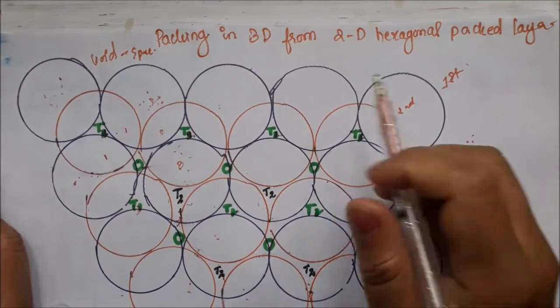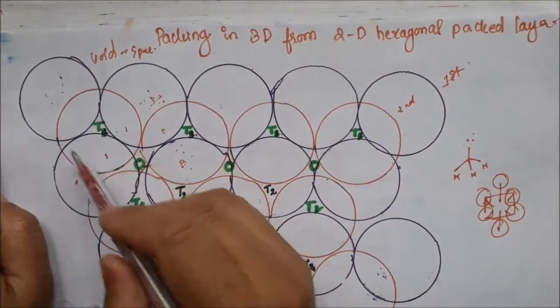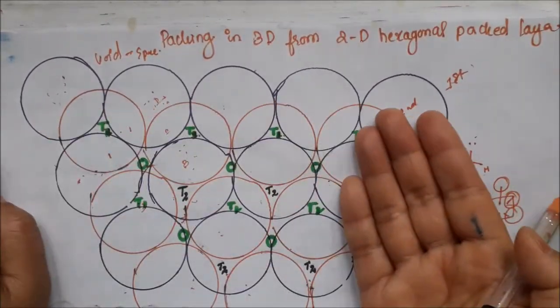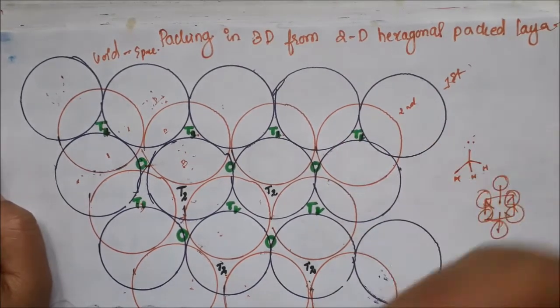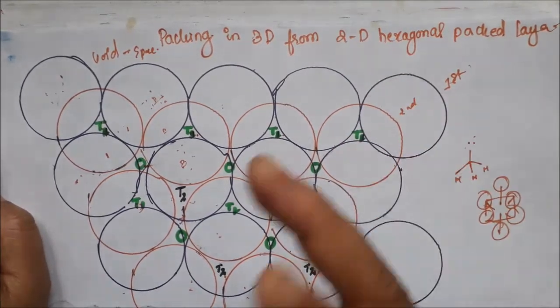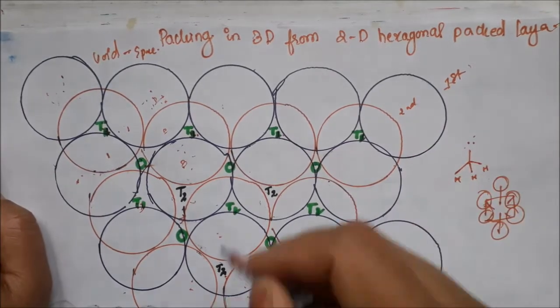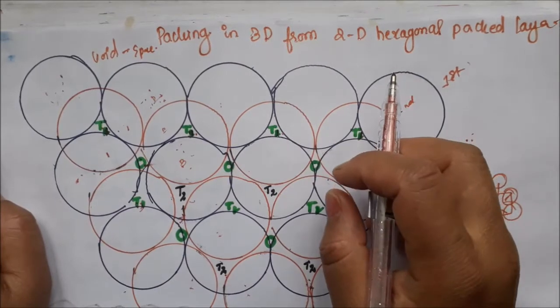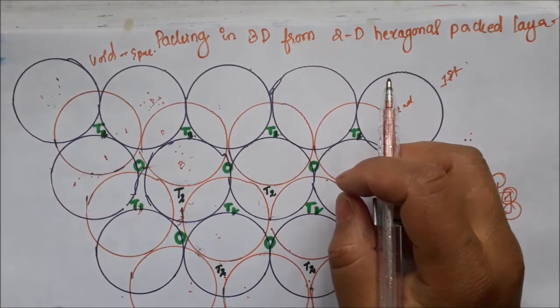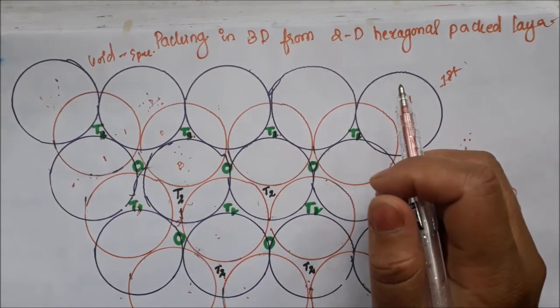Now the way the third layer is placed over the second layer gives different types of arrangement. There are two possible ways of placing your third layer above the second layer, and accordingly you will get two types of arrangement.